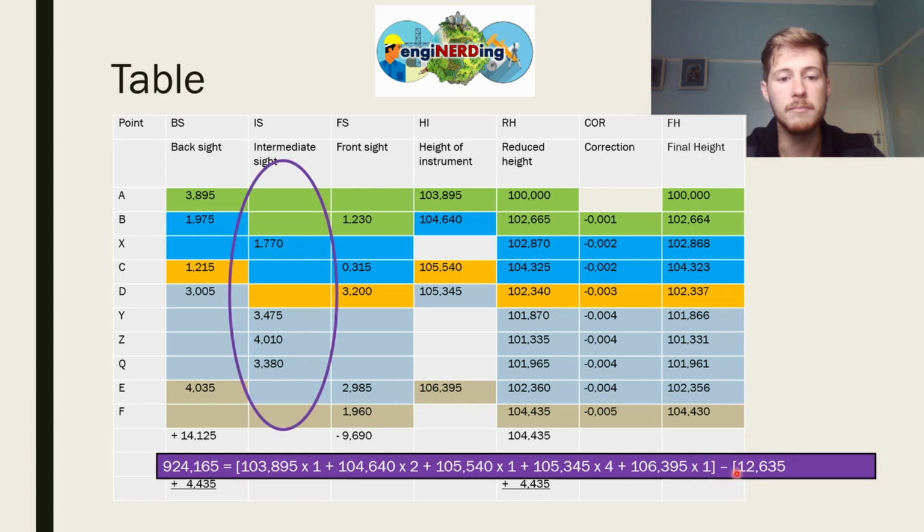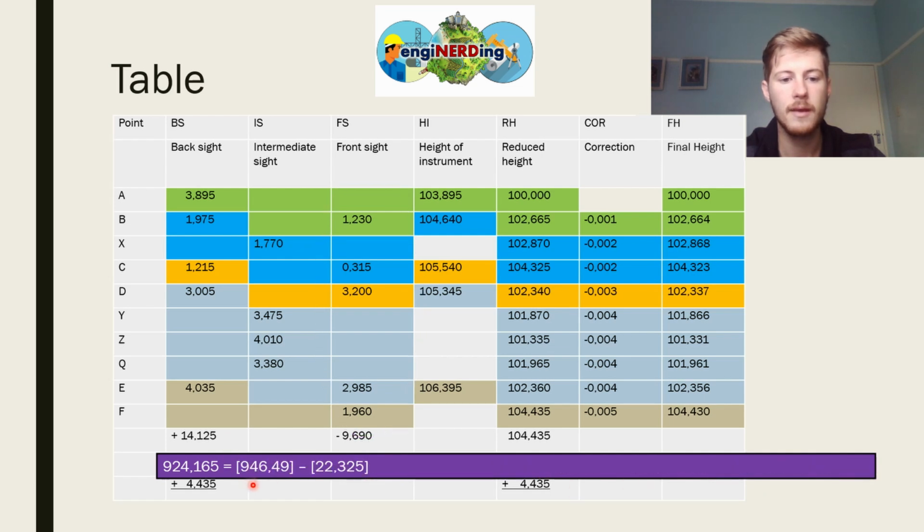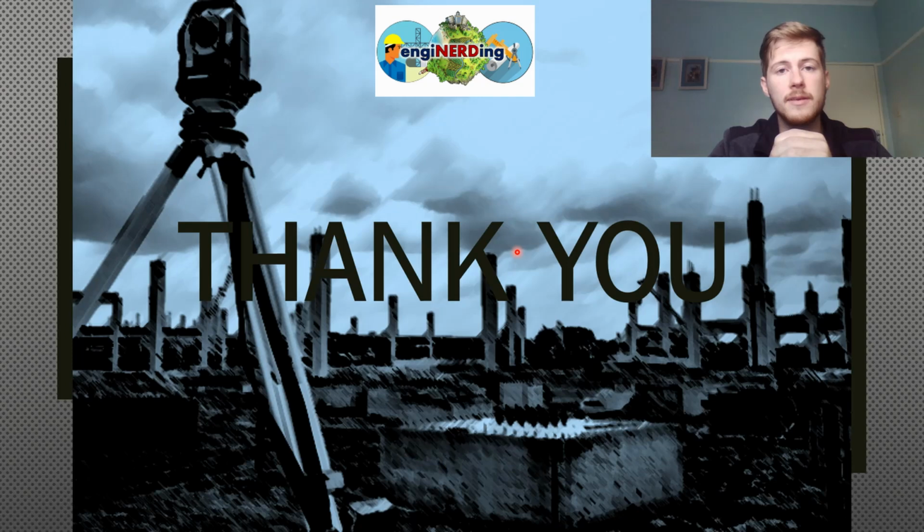Then the formula says minus the sum of your intermediate sights, so we add up those values and we get 12.635. We add up all our foresights and we get a total of 9.69. Then we take the sum of our height of instrument products minus those values, and we should get an answer that's the same as the sum of our reduced heights. If those two are the same, that's once again a check that we've done our calculations correctly.